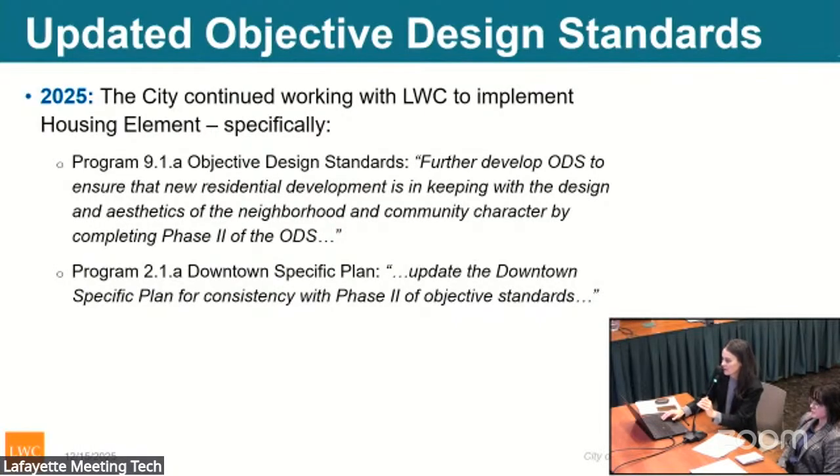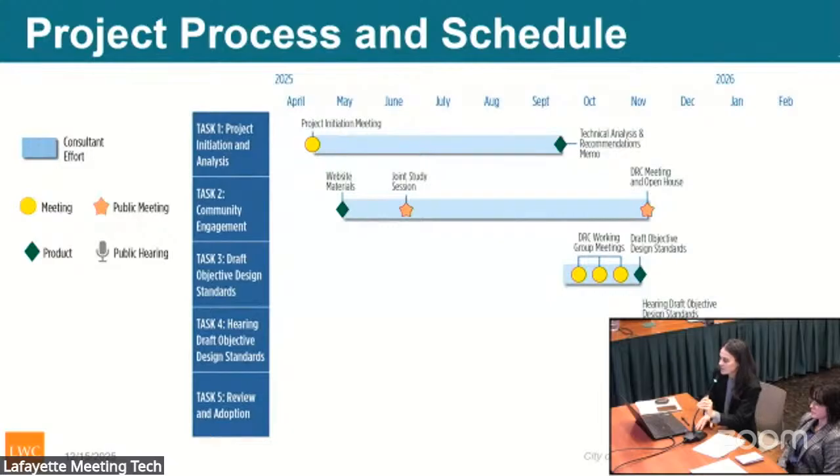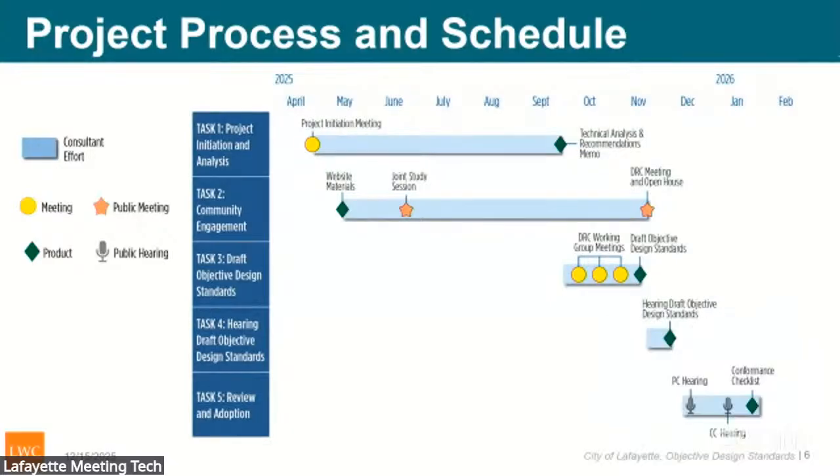So this is a snapshot of the process that we've gone through since we kicked off this project in April. You recall we saw you here in June. We did all of our research, made our findings.